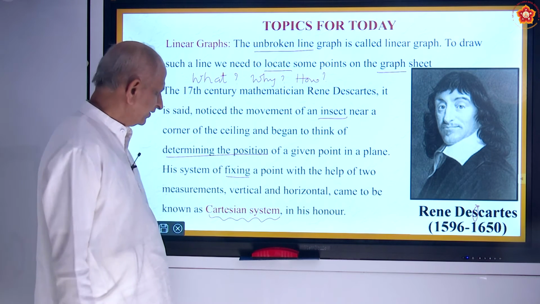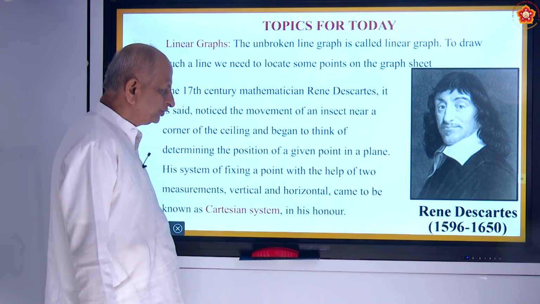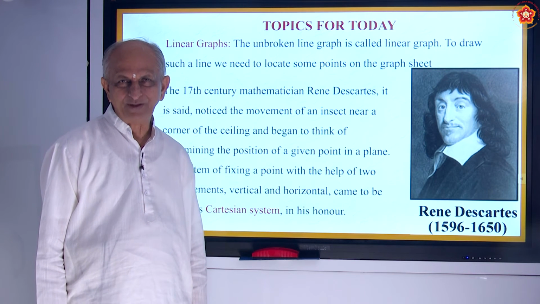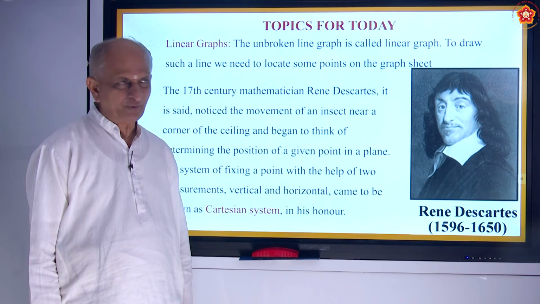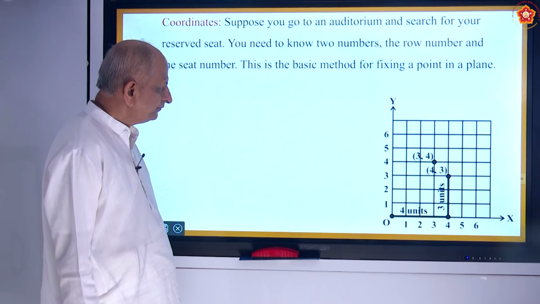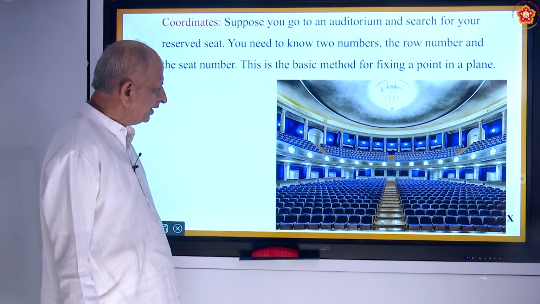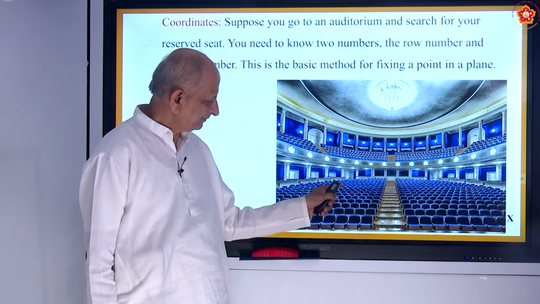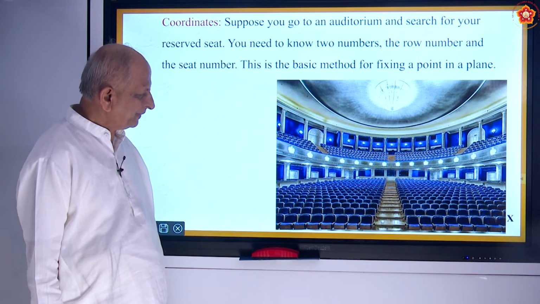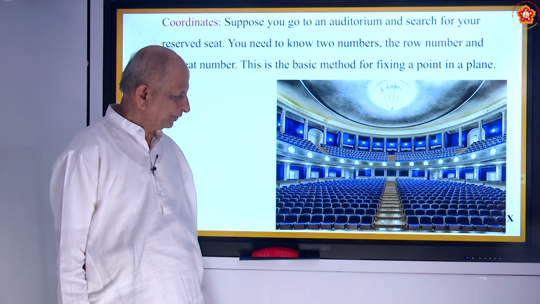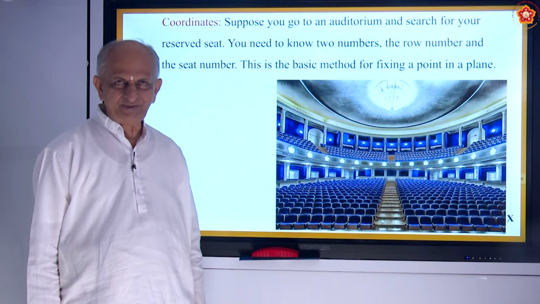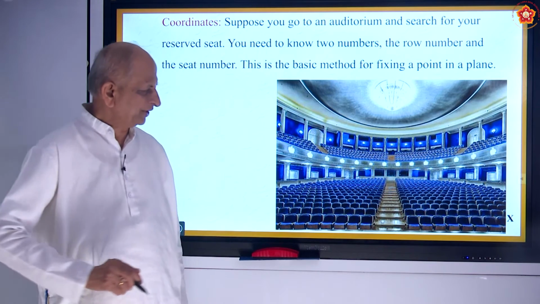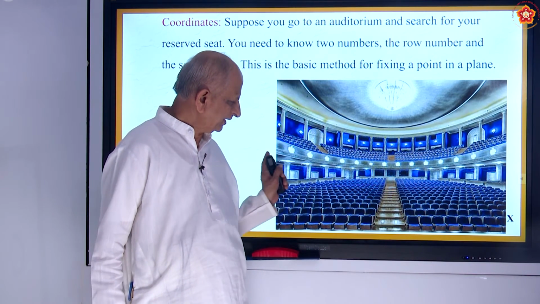Correct? For example, most of you have seen films in theatres, in the matinee show in the afternoon, or you may go to an auditorium. In a beautiful auditorium, the seats are there, and they will give a place for you. Suppose you are going for a function; it is difficult to locate the position, so they will say horizontally this line, vertically this line.